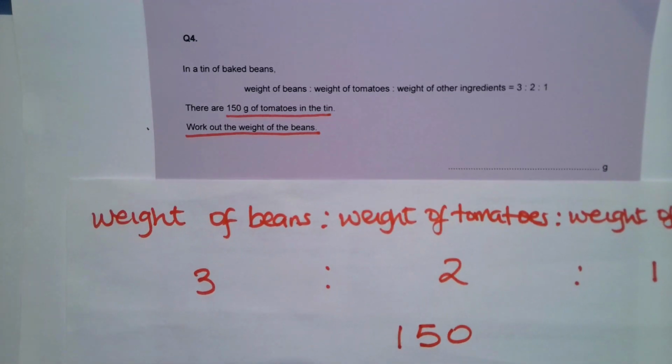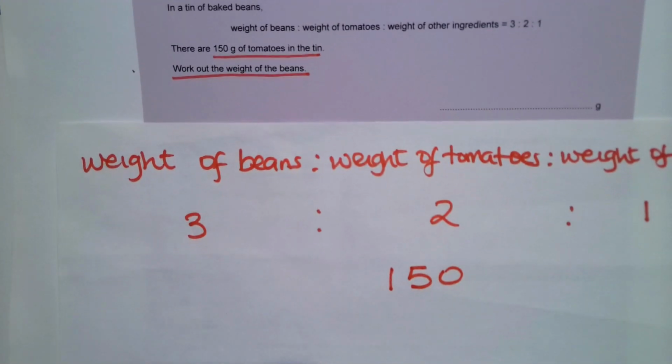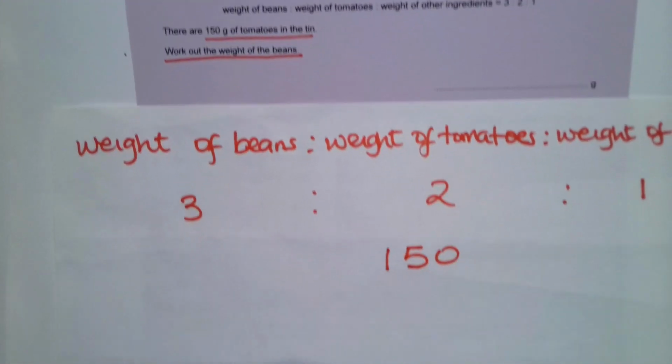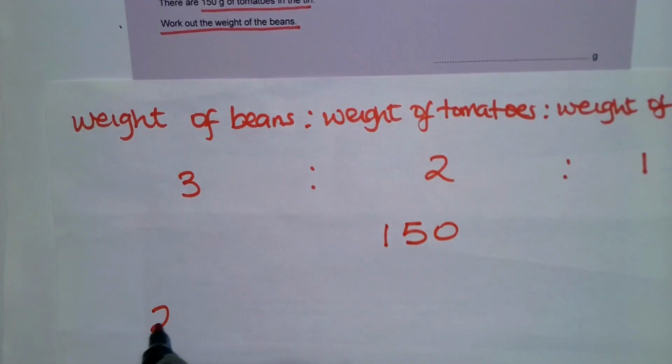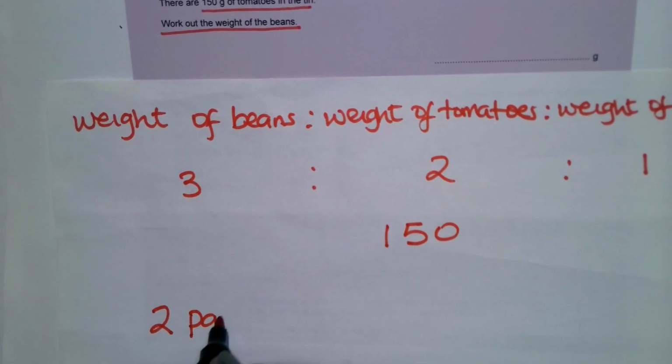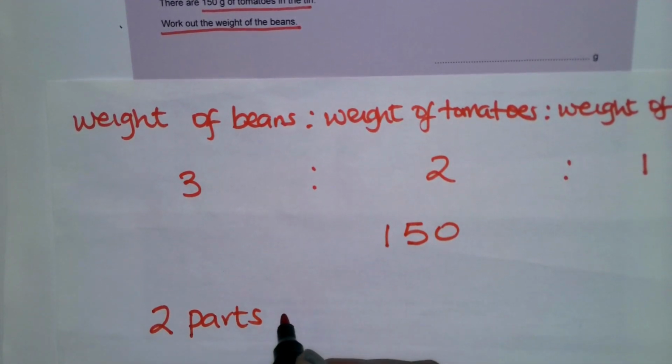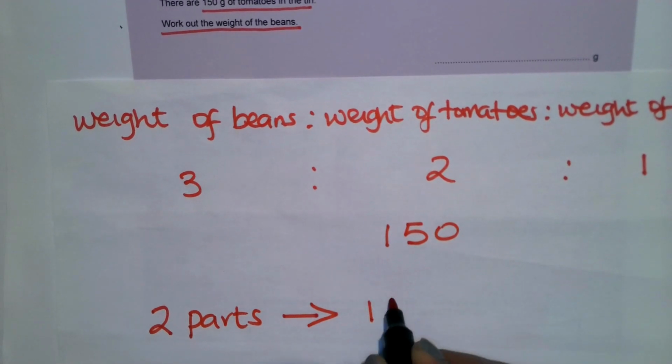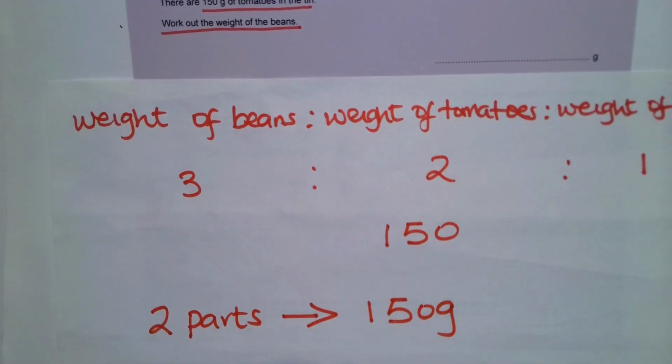What we're going to do is, 2 parts of the weight of tomatoes contains 150 grams.